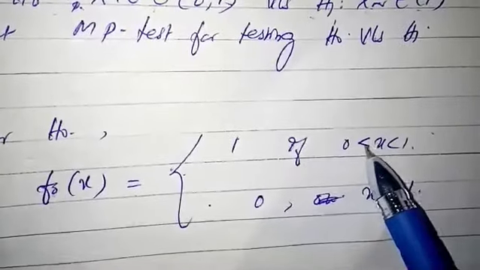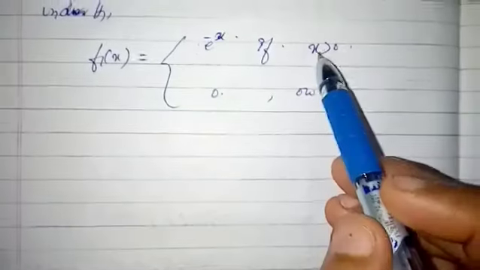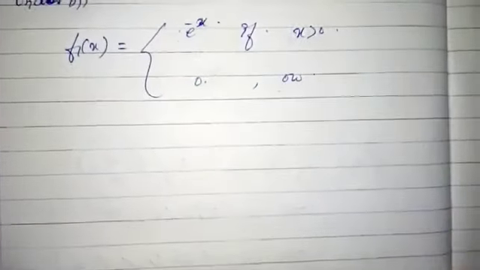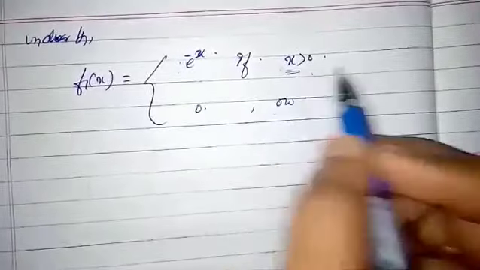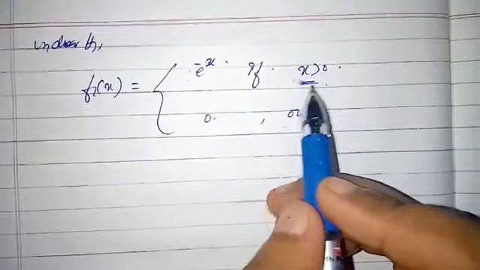Here the range is 0 less than x less than 1 and x greater than 1. But in the case of f1 of x, the range is x greater than 0, and 0 otherwise. So we have to change this range.